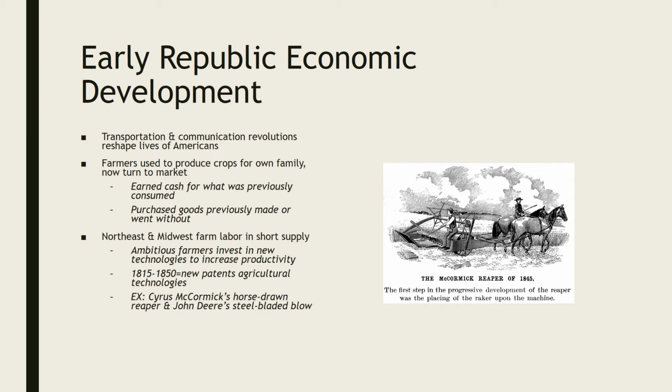So maybe now wives on the farm are freed up of a lot of these very labor-intensive jobs and can now pursue other things. They don't need to make cloth anymore. They can buy cloth. They maybe don't need to grind their own grain into flour. They can purchase flour, etc.